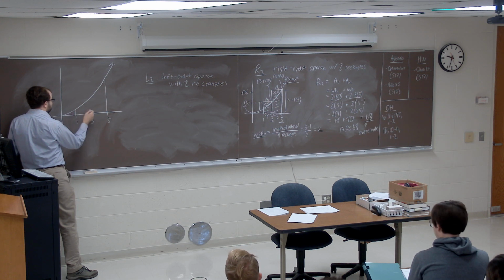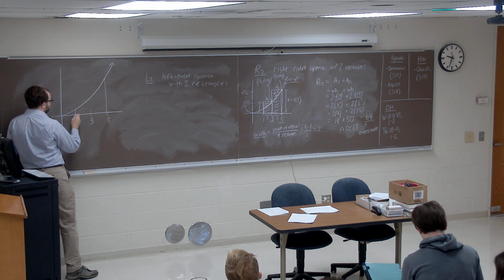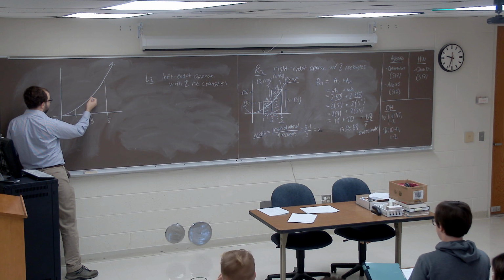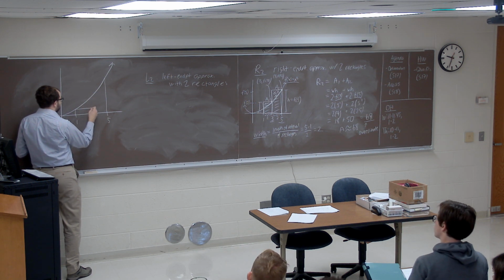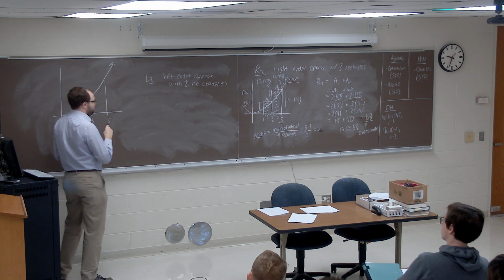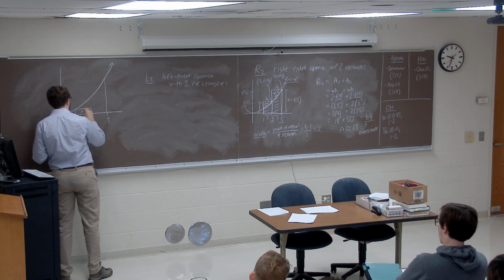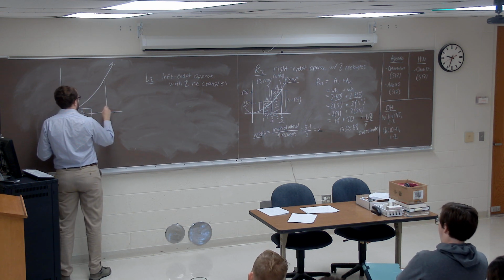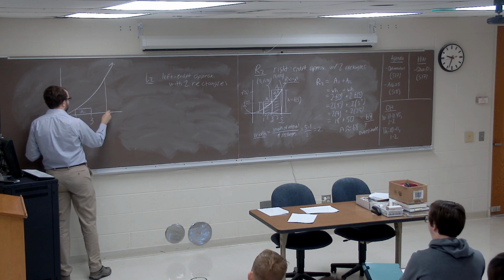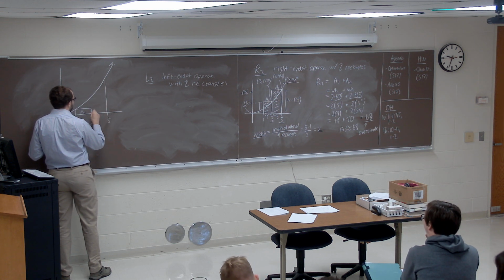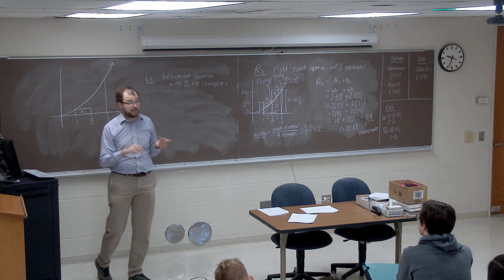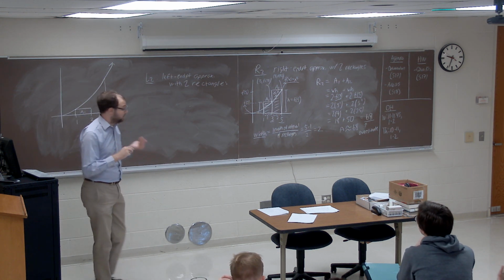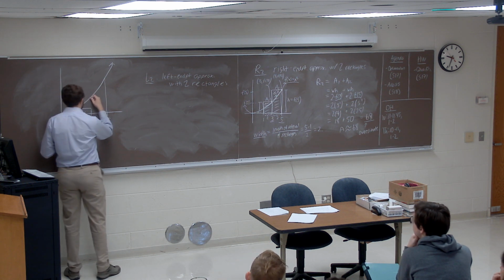So instead of our first rectangle from x equals 1 to x equals 3 matching up with f of 3, it's going to match up with f of 1 instead. So this will be our A1 area. And for our rectangle from x equals 3 to x equals 5, instead of having the rectangle match the function in the top right corner, let's do it in the top left corner instead.